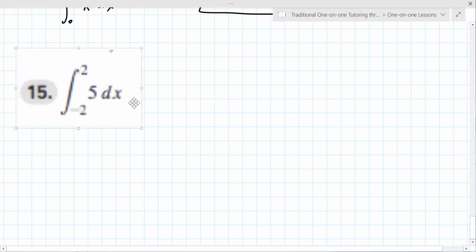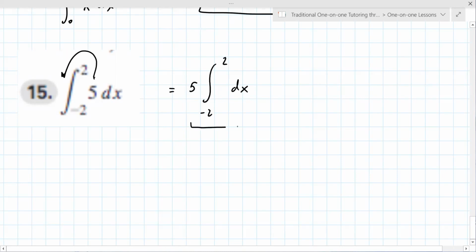Whenever you have a constant, you can bring it out. You won't do this forever, but this is really 5 times the integral from minus 2 to 2 of dx. And this part without the 5 just becomes x. So the integral of dx equals x.